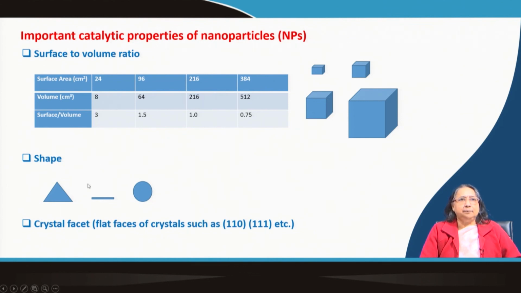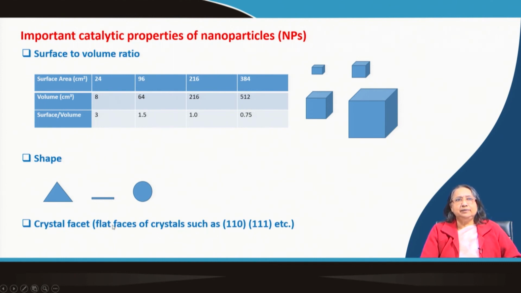Okay. Now, shape matters. Shape, say triangle shape or rod shape or spherical shape. Shape is also important, because the adsorption on this surface and on that surface may be different. That is why, depending on shape, the catalytic property will also vary. Now, crystal facets.